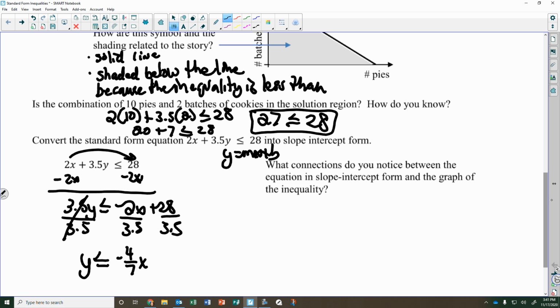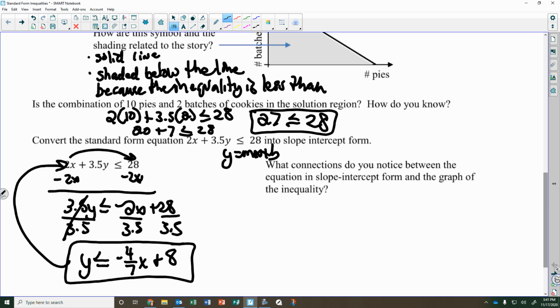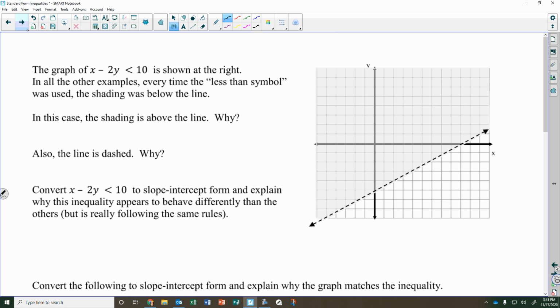And then 28 divided by 3.5 is 8. So this would be our equation in slope-intercept form. This and that are the same thing. Okay, the same thing. All right, let's move on to the next page.